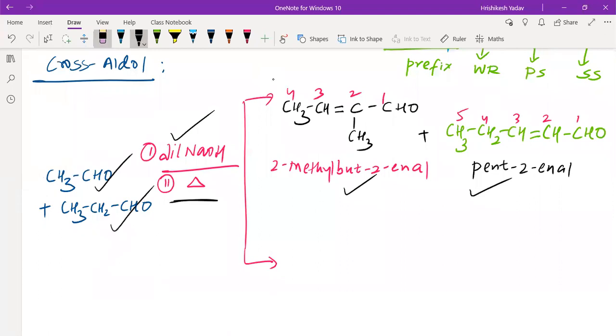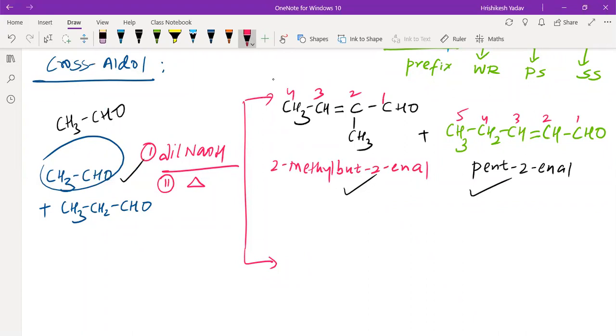Now self also will occur here. Self means what? Self means these 2 molecules of acetaldehyde, they will join. So what you have to consider is, one molecule is given, one more molecule you think of it.